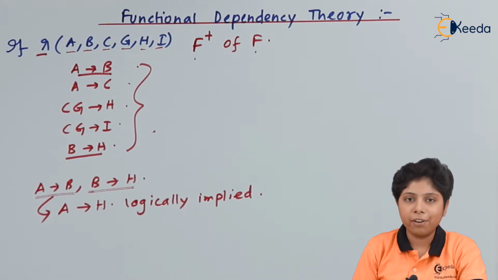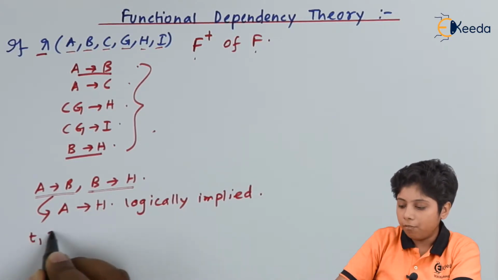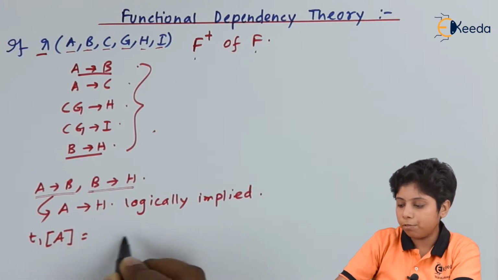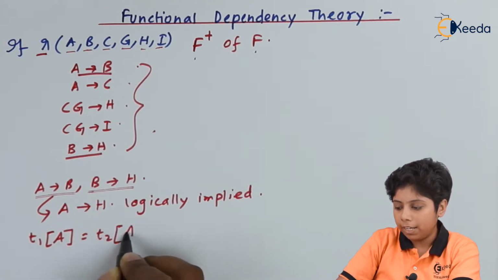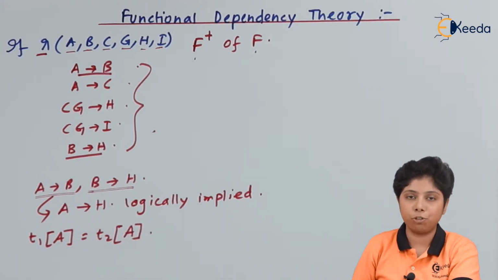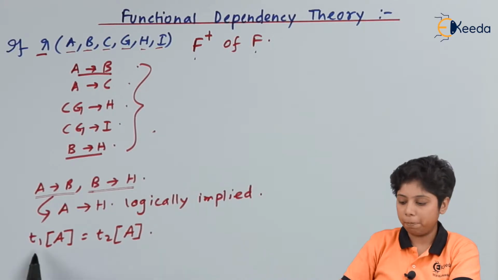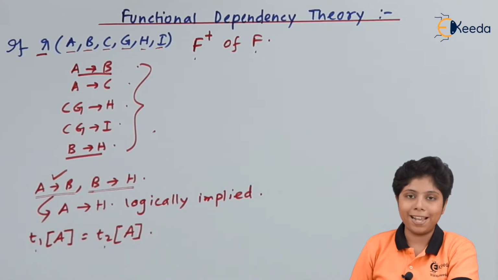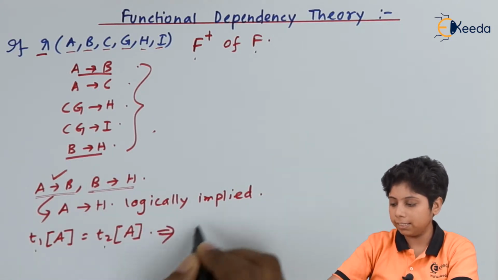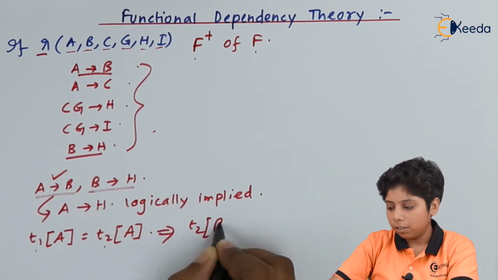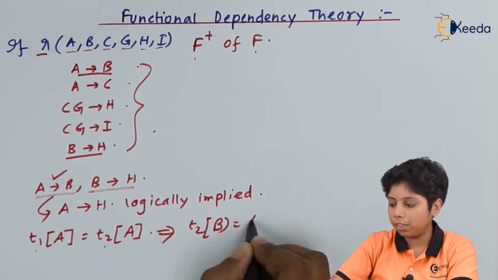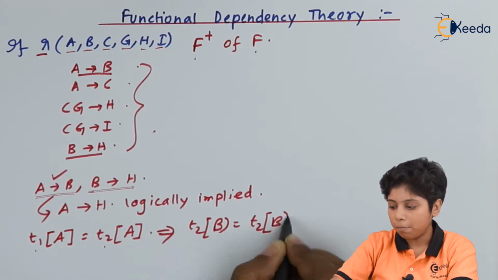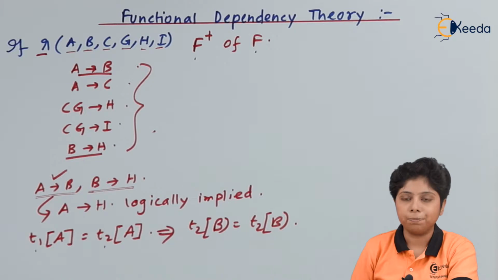So if there exist T1 of A equal to T2 of A, that means there exists an attribute A for which the tuple values of T1 and T2 are the same. A implies B means that T2 matches with all the values of B of T1.